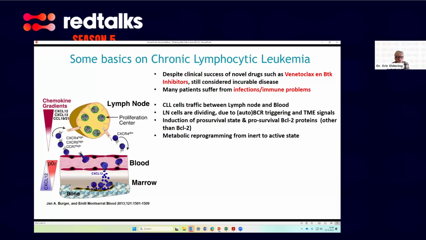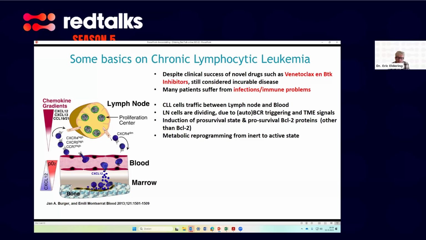This induces a pro-survival state and expression of pro-survival proteins, which we have studied in the past for quite some time, and this will be also sometimes in the slides that I will show you.